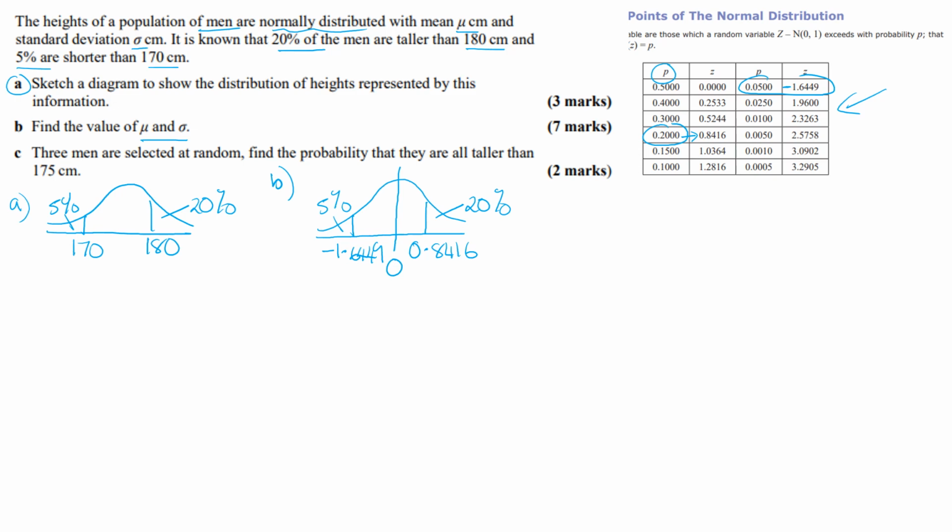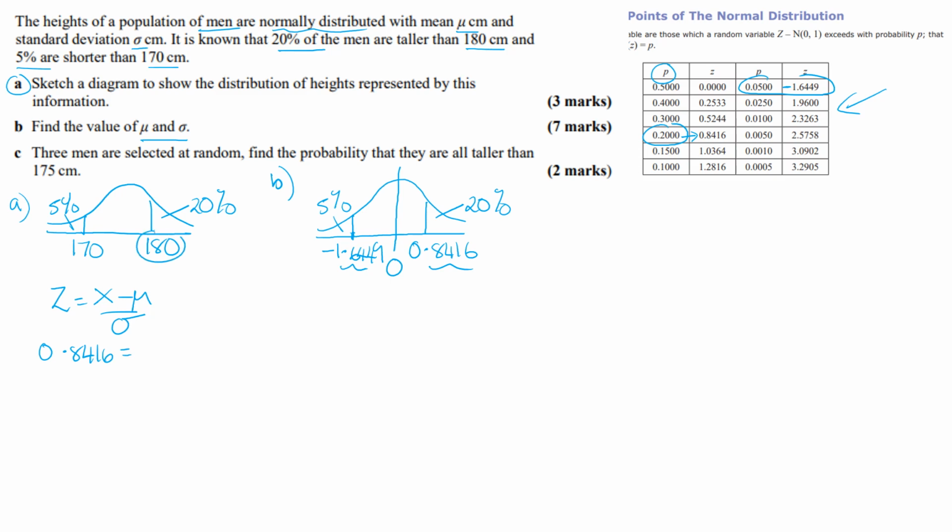So now we can write two equations using the formula that z, which is the x-axis answer, is equal to x minus mu all over sigma. So if we write 0.8416, the z value, is the x.